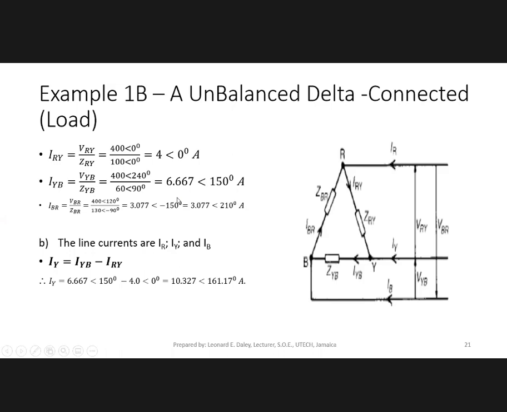All right. I kept this data up here so that you can easily recall what we had worked out before. So IY is, again from the diagram, IYB minus IYR.